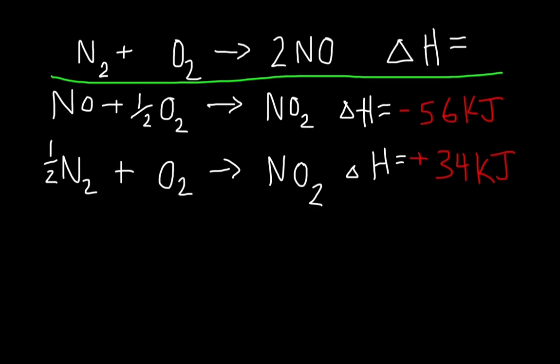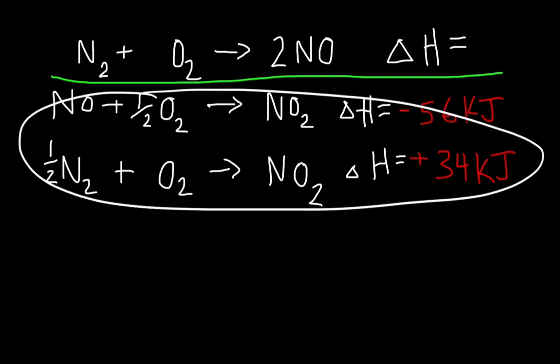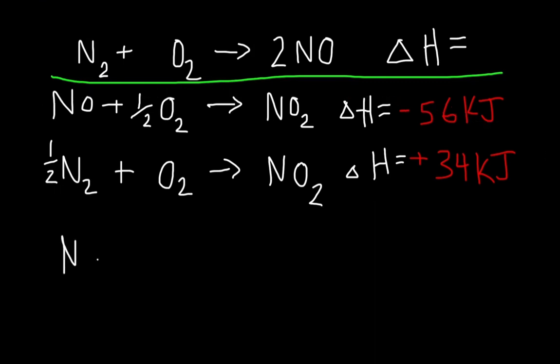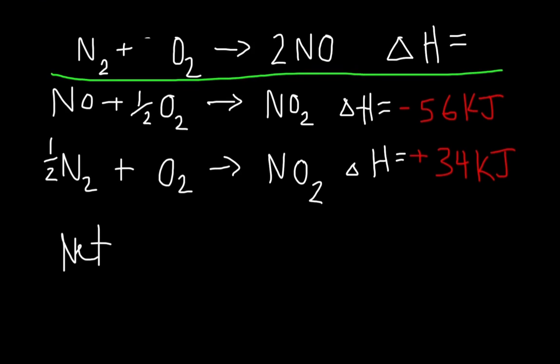So in short, to find the enthalpy change of this reaction, we need to somehow rearrange these equations, and make sure that the net equation is the same as this. If they're the same, we can simply add these up, and that will be our enthalpy change of this reaction.